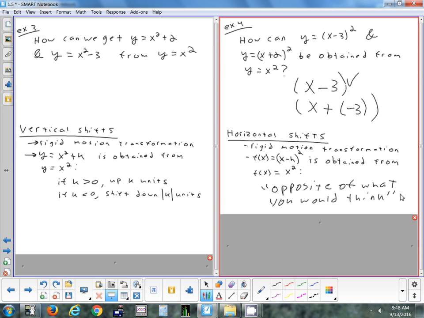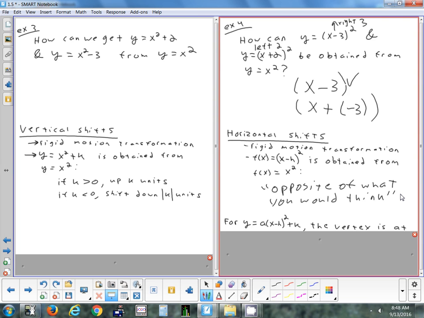Okay, and of course, if you shift the vertex left or right, you're also shifting the line of symmetry. So if this is my parabola, what value here, h or k, has no effect on the line of symmetry? Yeah, k is a vertical shift.